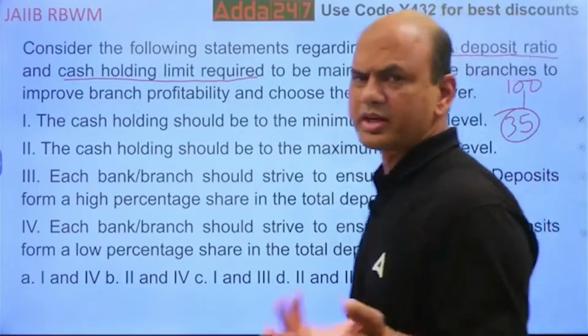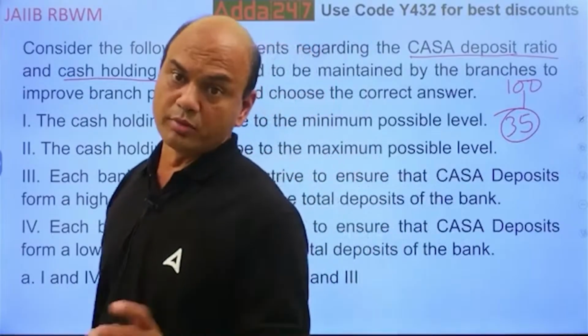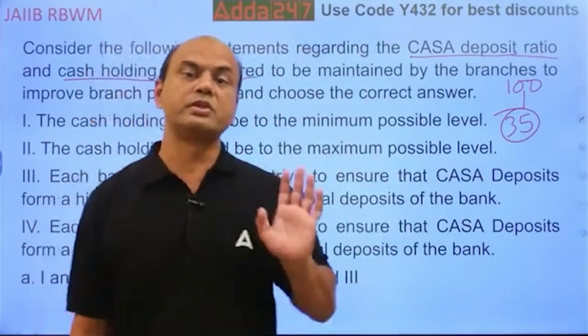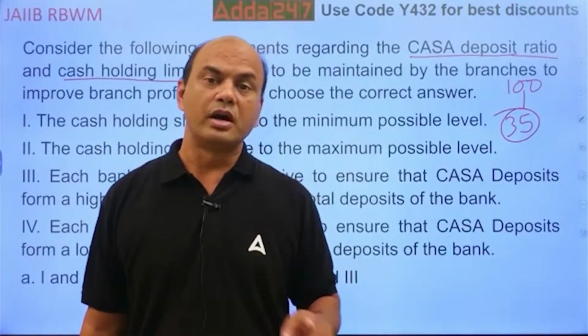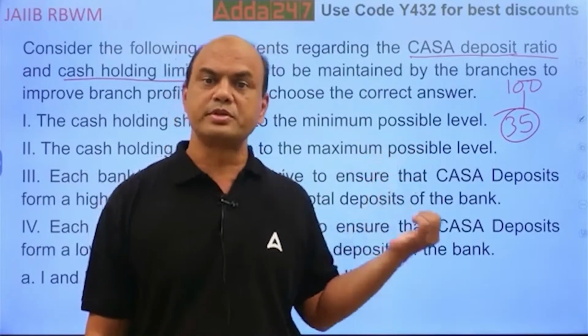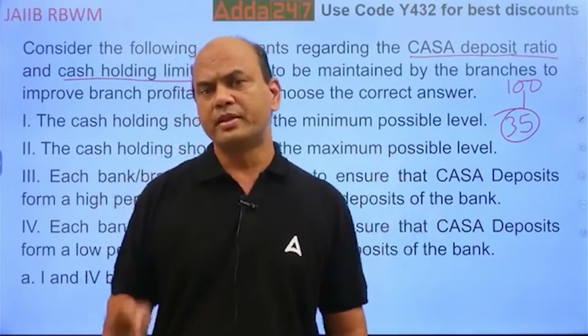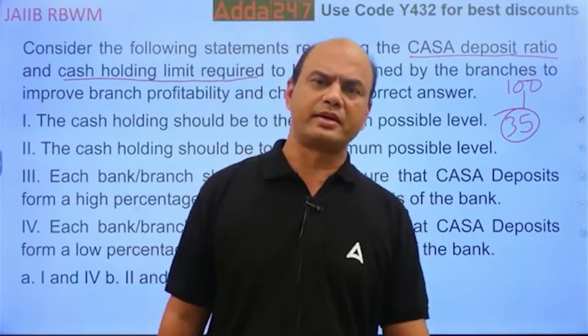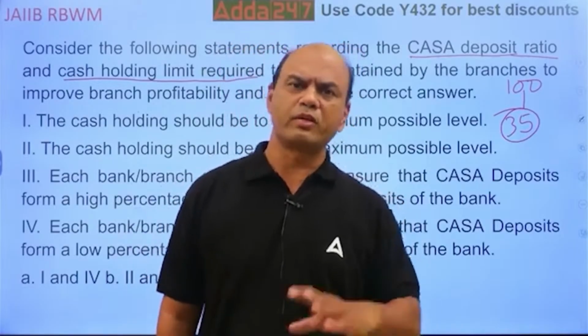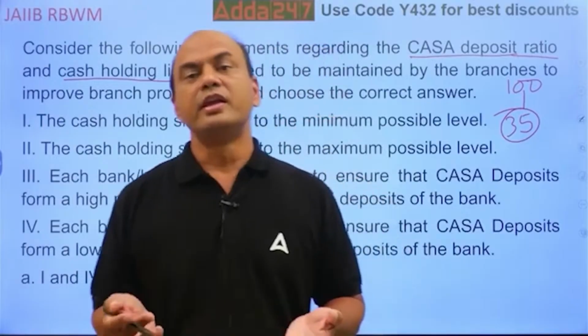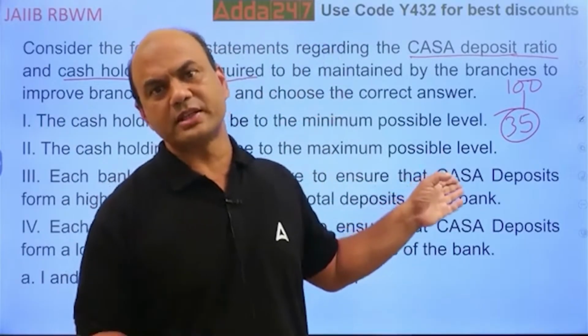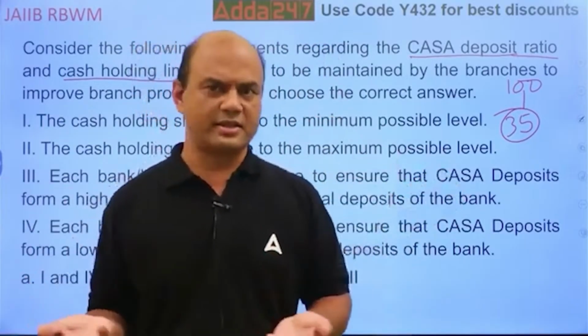If it is more, it's better. But minimum it should have 35 rupees out of 100 rupees deposits. This is the basic thumb rule for any bank, or branch. After all, if the branch is maintaining such a thing, then only the bank will maintain it, isn't it?